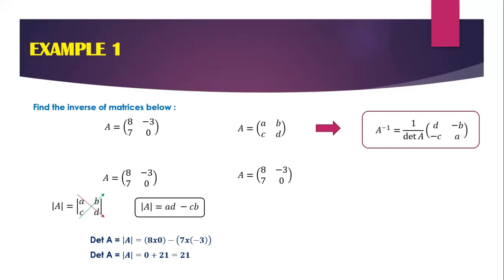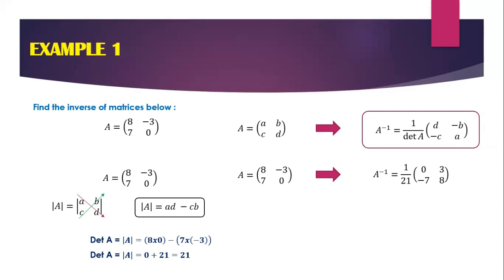So the inverse of matrix A is 1 over 21, open matrix, 0, 3, minus 7, and 8.